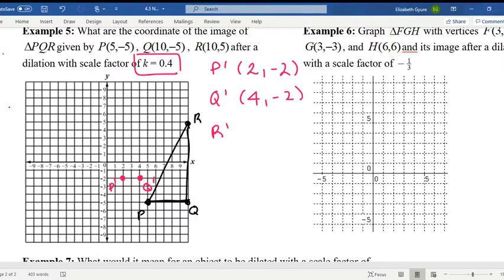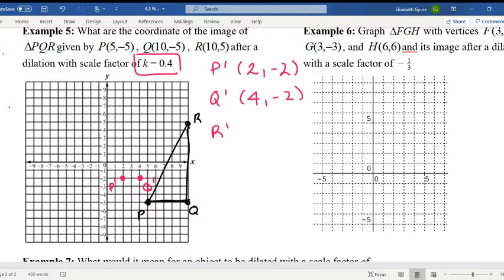And then R prime, Danny, were you able to figure out R prime? Okay, so with this one, we're just multiplying. So you're going to take 10, 5 and multiply it by 0.4. Do you have a calculator by chance? Okay.